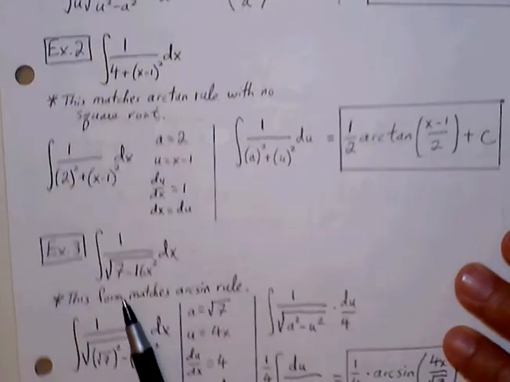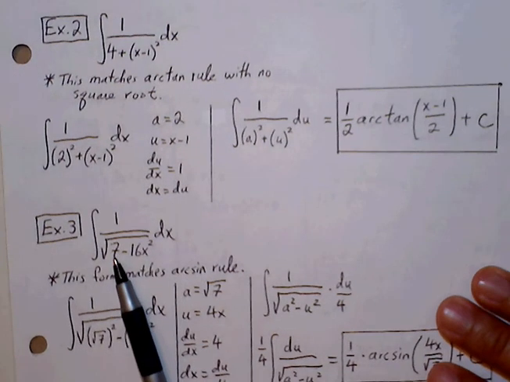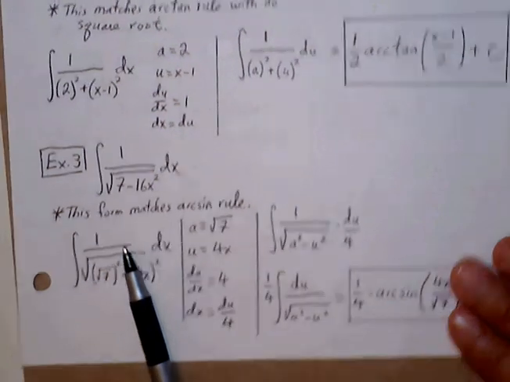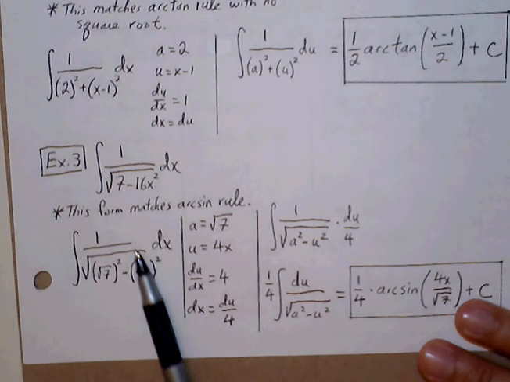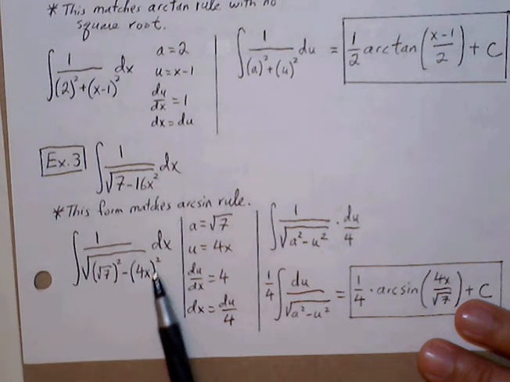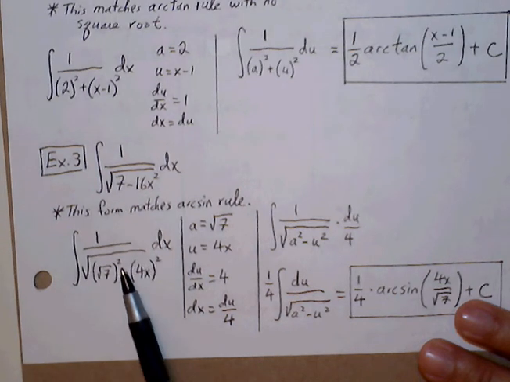In order to do that, we need the denominator to have an exponent of 2. So I first have the square root, parentheses to the second power. Now we need to adapt this so that it is the same as something to the second power.